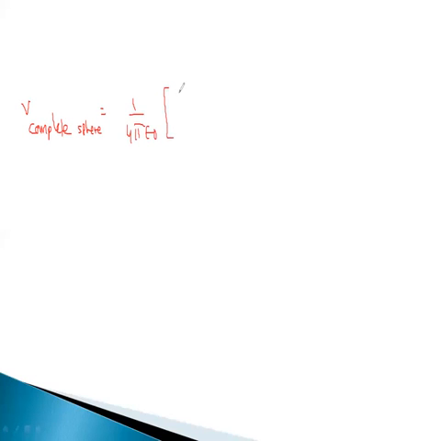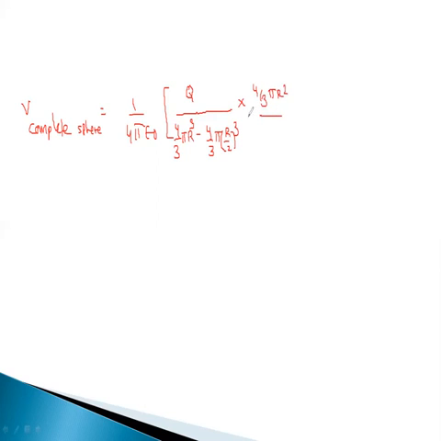For the complete sphere the charge has to be calculated, but charge is given only for some part. How much part? Q by 4 by 3 pi R cube minus 4 by 3 pi (R by 2) whole cube. For this part only the charge is given, so total charge by this volume, into the total volume if I consider. For that, how much it will be we have to calculate.